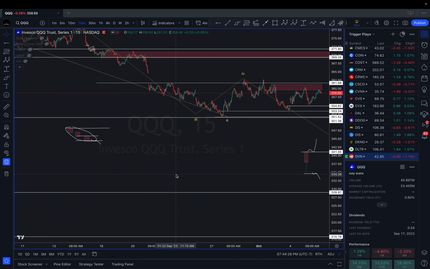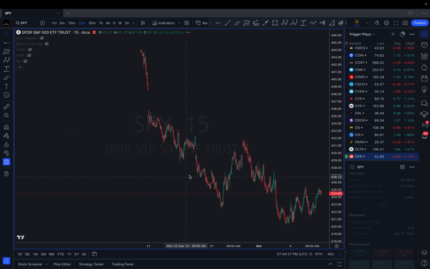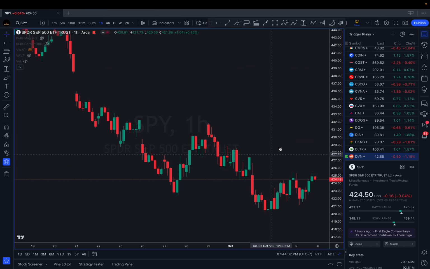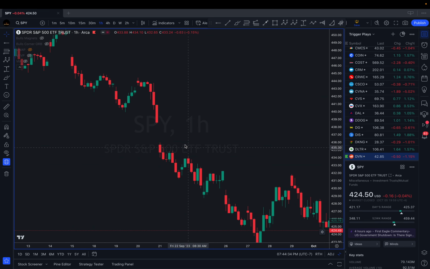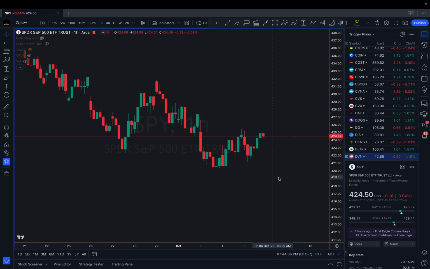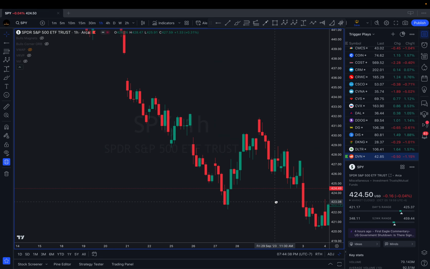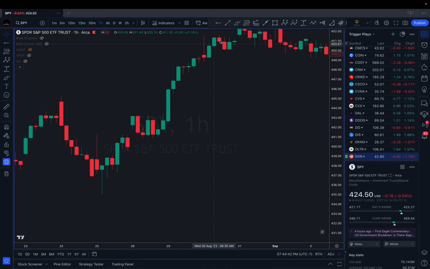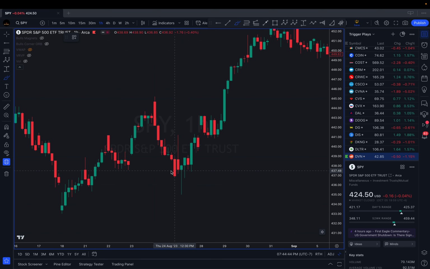So now let's take a look at some examples right here. We're gonna probably find it at the bottom right here. Really nice hammer, a long wick into this prior demand, and then price closed above it, retested this one, and then went higher.